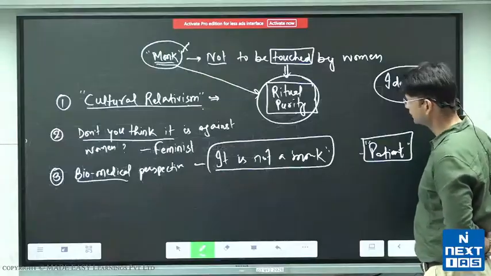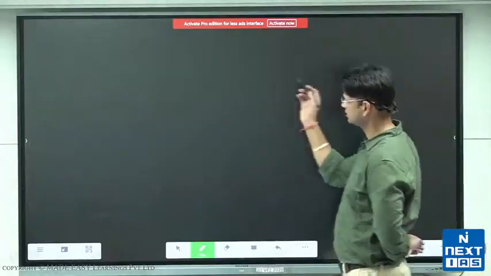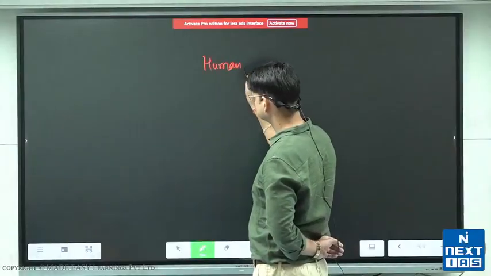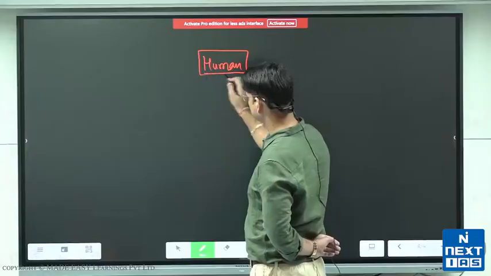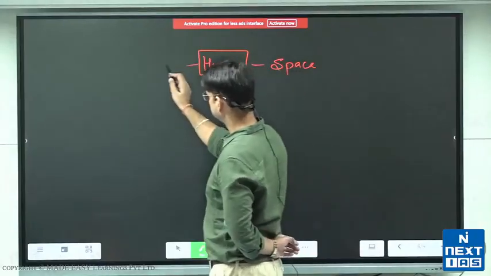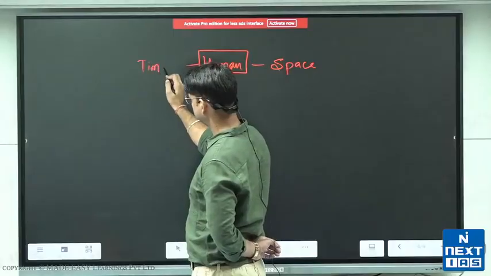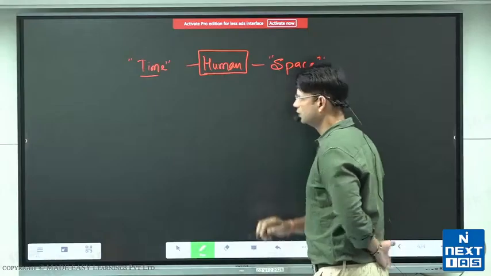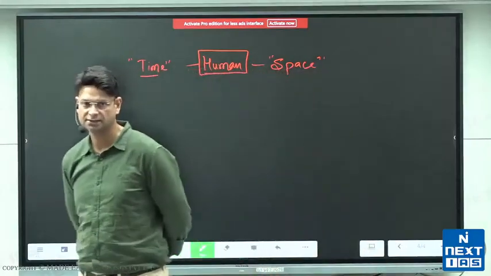Now, when we look at anthropology, we basically try to understand human. And we study human over space and over time.